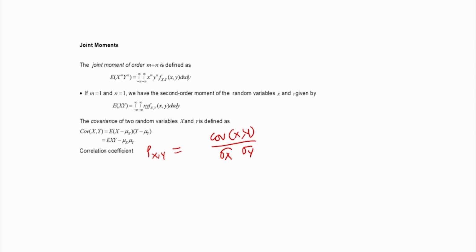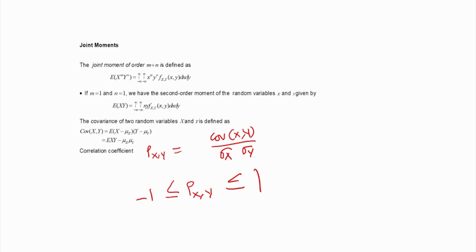Now, this correlation coefficient is an important parameter to characterize these two random variables X and Y, and we can show that rho_XY lies between minus 1 and plus 1.